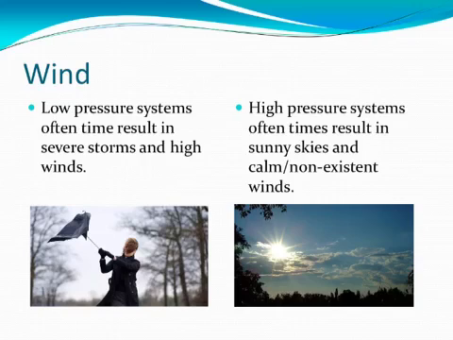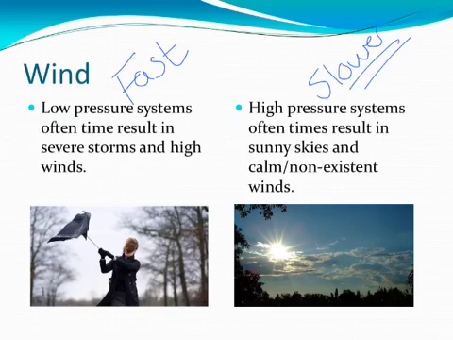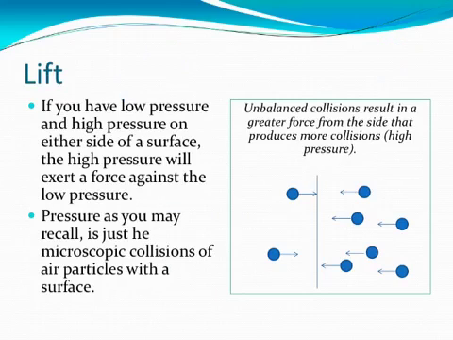So we have faster winds oftentimes in low pressure systems. We want to think of low as being fast and high as being slower. That doesn't necessarily mean that it's not fast, just that it's slower than low pressure systems.